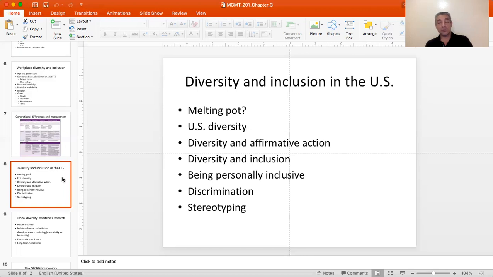When you see a person that belongs to a different group, you associate certain characteristics with that group that the person seemingly belongs to, and then you treat that person as if he or she displayed those characteristics. So you look at certain racial minorities and you say, oh, they are this and that.